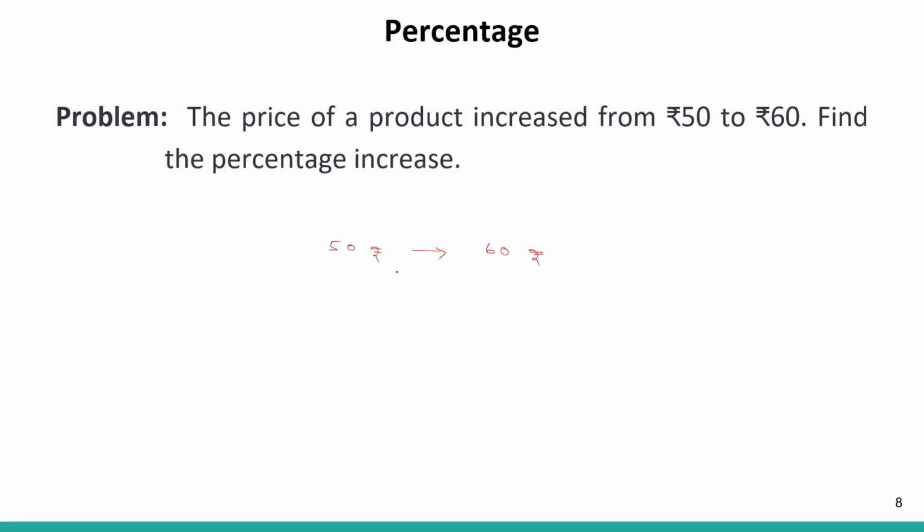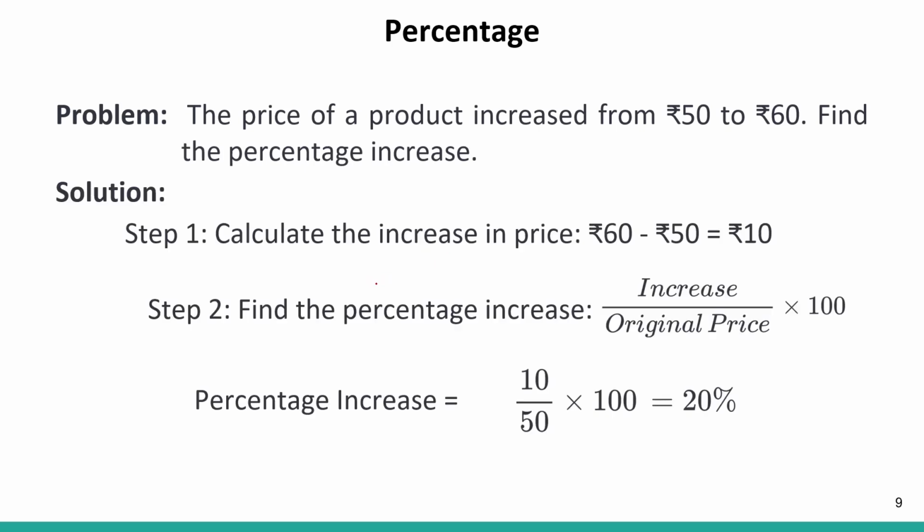Find the percentage increase. So how to find the percentage increase? Step one was to calculate the increase in price, that is 60 minus 50, that is 10. The percentage increase is equal to the increase by original price. What was the original price? The original price was 50 because initially it was priced at 50 rupees.